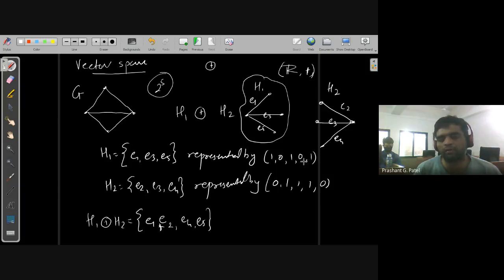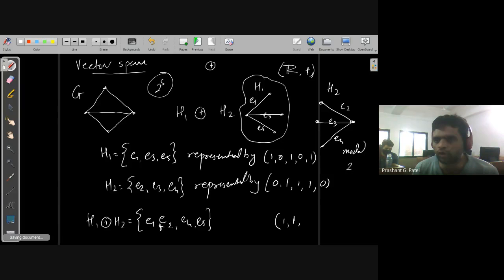Maybe you have learned vector addition in your linear algebra course. So 1 plus 0 gives me 1. 0 plus 1 gives me 1. 1 plus 1 gives me 2. And here the entry is only possible as either 0 or 1, so we are applying the modulo 2 function.